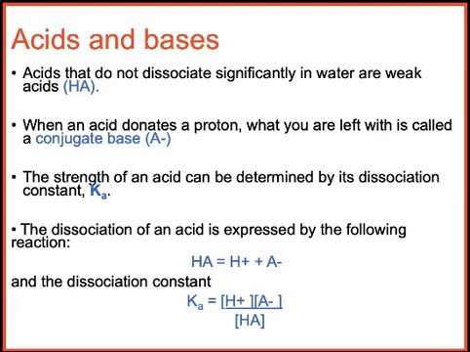So if you have a lot of the reactant HA, the bottom would be big, so it would be a very small Ka. A small Ka means this was a weak acid and didn't dissociate much. The other way around, if you got a lot of product, the numerator, then your Ka will be very big, and you're going to have a very strong acid.